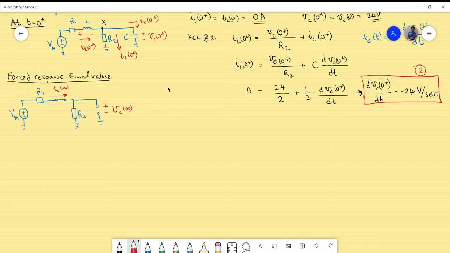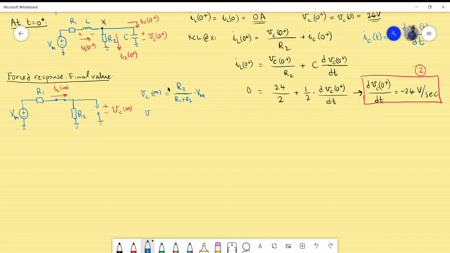and we have the capacitor voltage. So capacitor voltage at infinity is just using the voltage divider rule here, so R2 divided by R1 plus R2 times Vm.